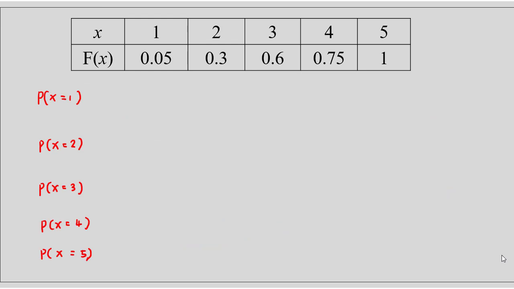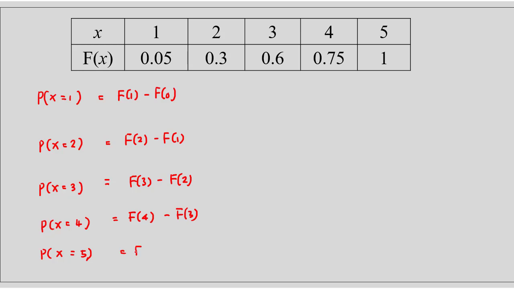So let us find the probability together. We start from the first one. When P(X = 1), automatically it equals F(1) minus the previous. For the next, it is F(2) minus F(1), and for sure the others will become F(3) minus F(2) and so on. Once you are clear with it, we can proceed to substitute the values.